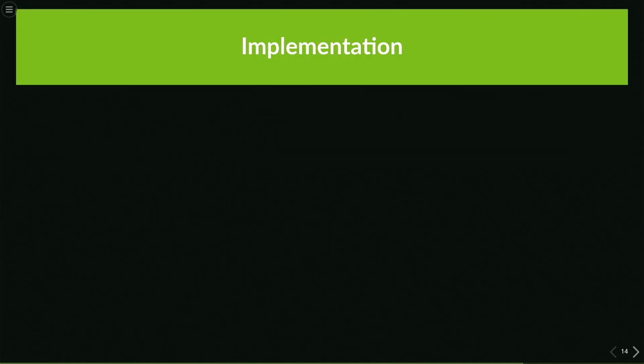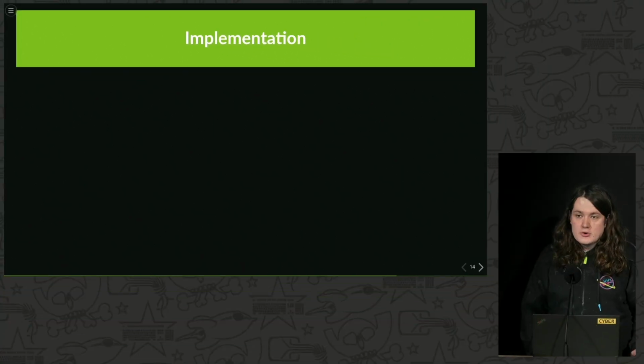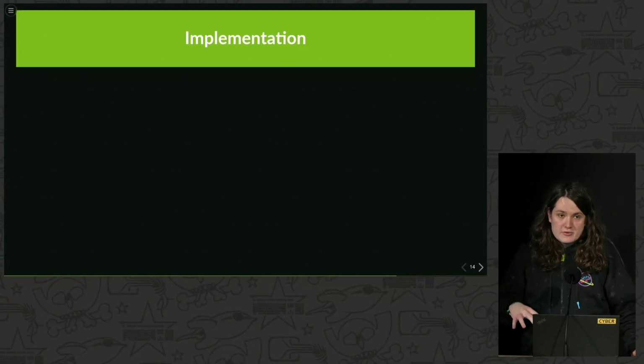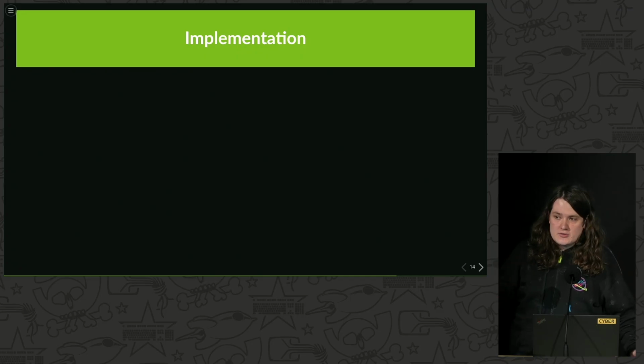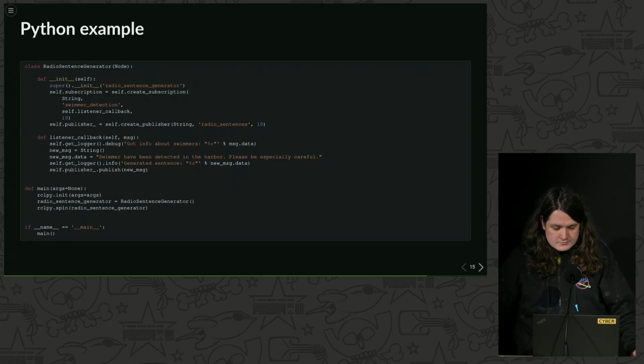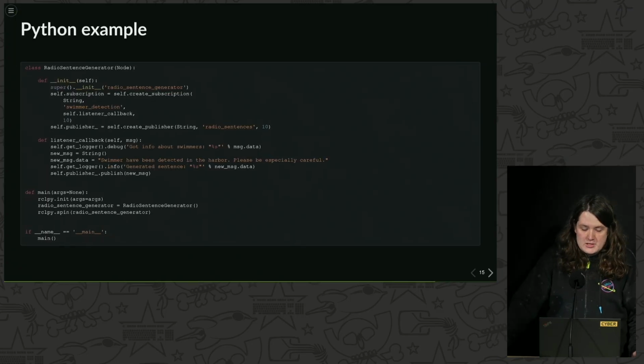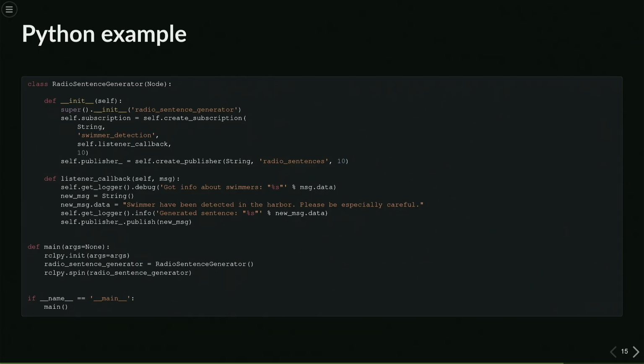So I've talked a lot about nodes, but not really how you implement them. This is possible in C++ and in Python, and there are community add-ons for other languages as well. I've brought with me a small Python example. In this case, you see a node that just subscribes to one topic and publishes to a different topic.